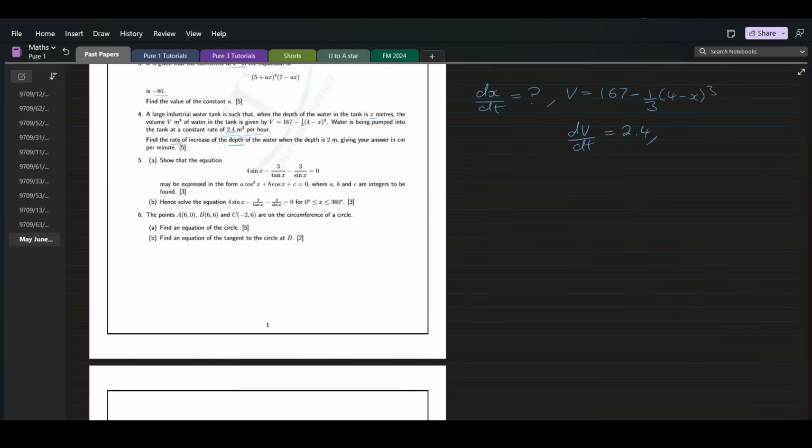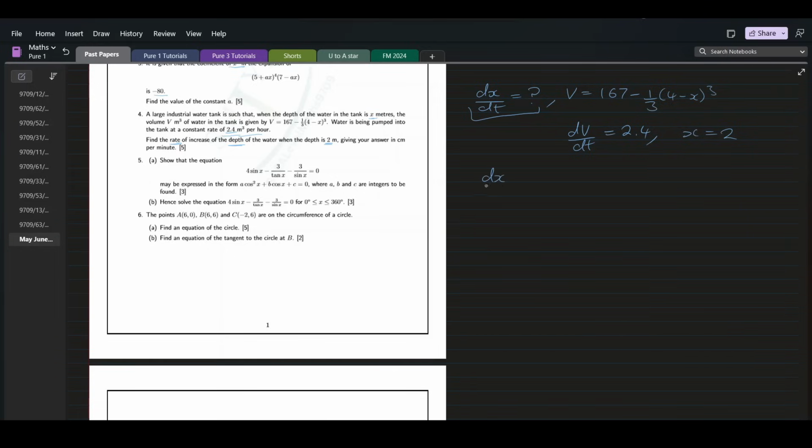And we want the rate of increase of the depth of water at a depth of 2 meters, so x is equal to 2. Okay, now that we have written down all the information that we have been given, let's now work on evaluating dx/dt.